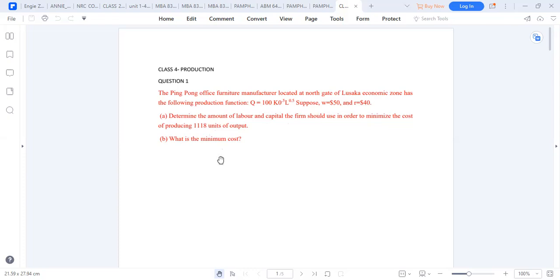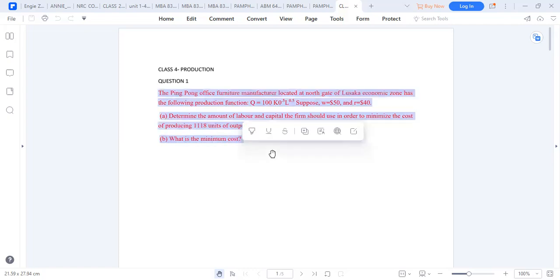So here it's kind of the opposite. We're going to optimize in terms of our constraint, which in this case is production. So how do we minimize the costs? All right, so with our question here, let's come up with our constraint.